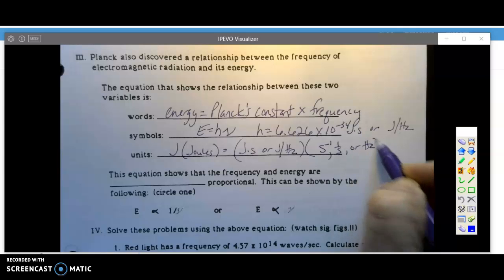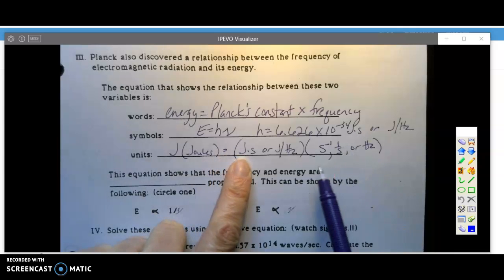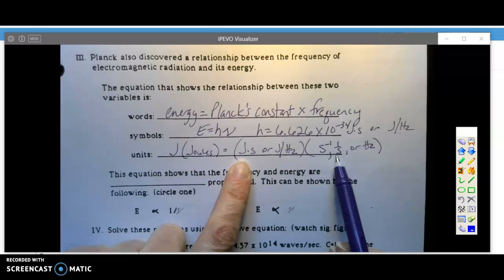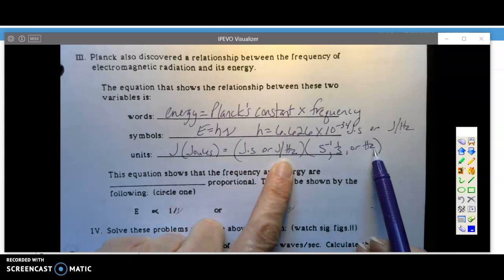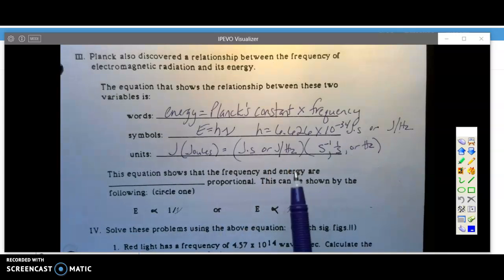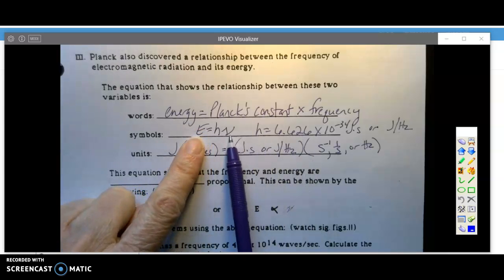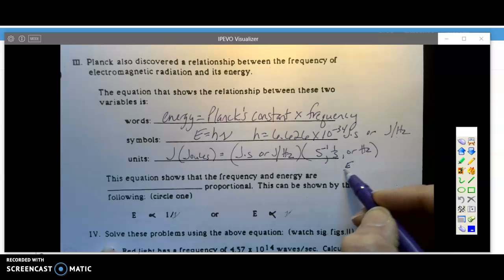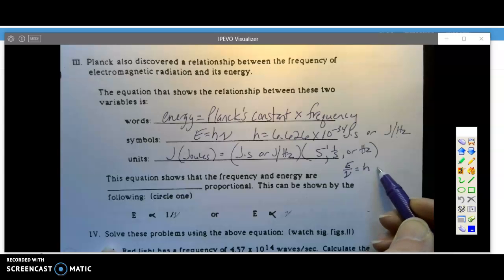And again, you can see how multiplying joules times seconds to the -1, or 1 over seconds, cancels the seconds and gives you joules, or you're going to be looking at joules per hertz times hertz will cancel and give you just joules. So since these are on opposite sides of the constant, the other way I could do this is I could do E over frequency equals h, which is like a constant.